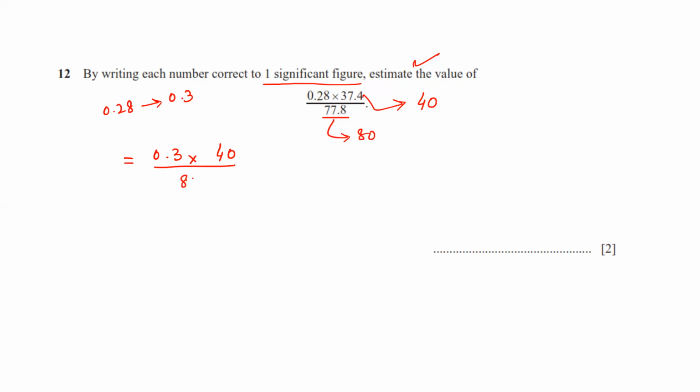So for one significant figure, 3 by 20, or 0.15 is the estimated answer to one significant figure.